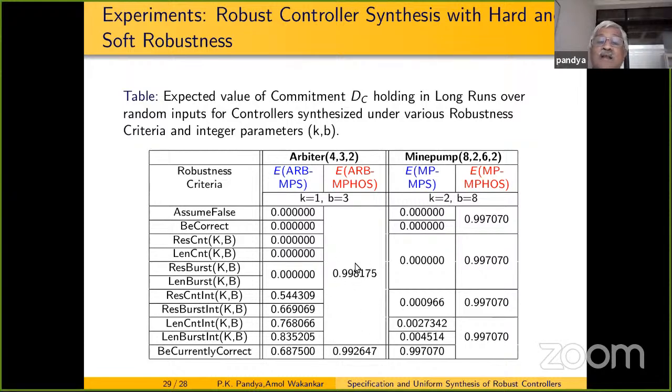But when we optimize like this, there are no hard guarantees. We don't know which are the inputs for which the commitments will hold. Whereas hard robustness will say whenever the relaxed assumption is true, the commitment will hold. And what our method does is it jointly optimizes the two. So you get the hard guarantee as well as this soft guarantee. And this is the kind of performance we get.